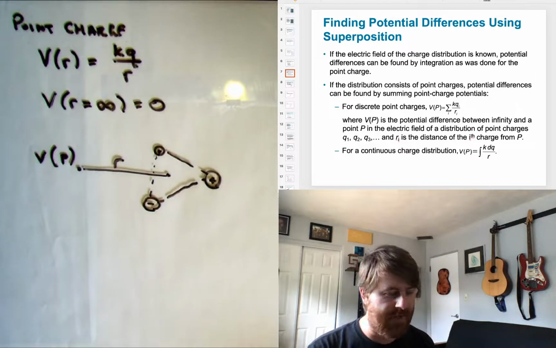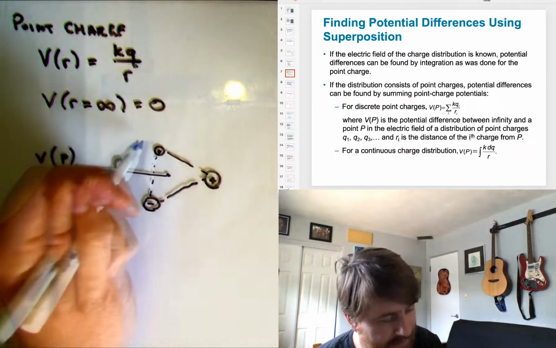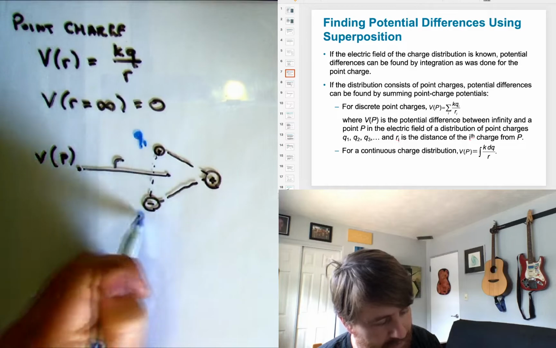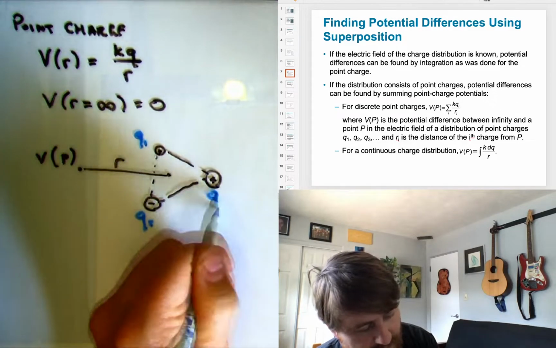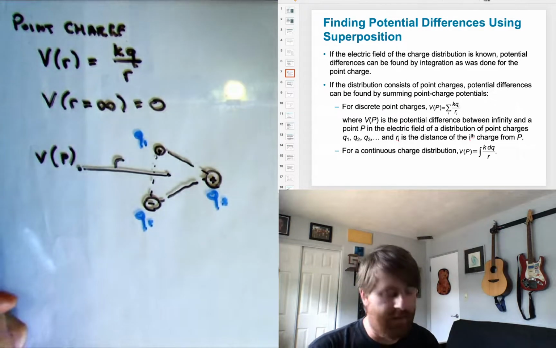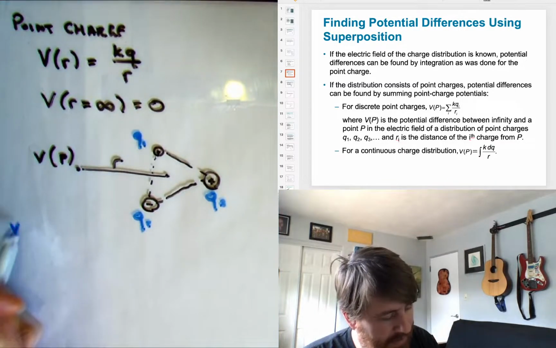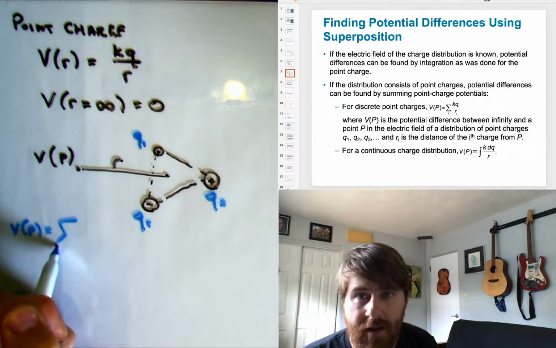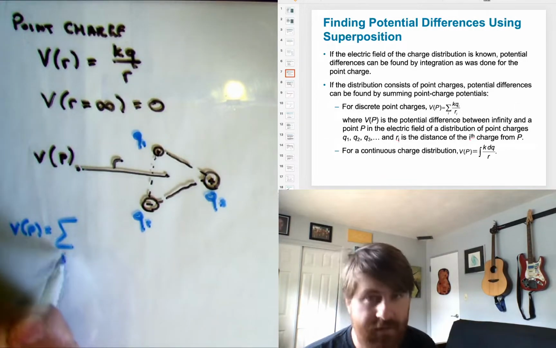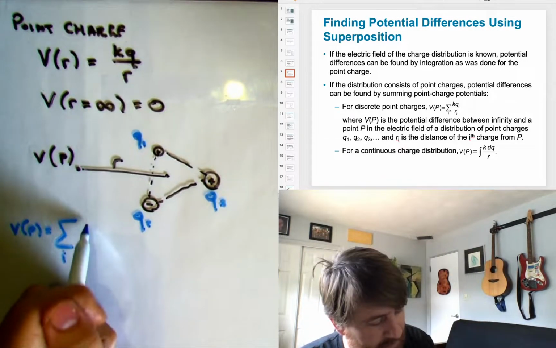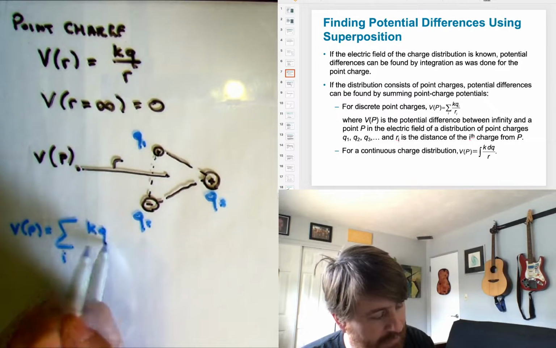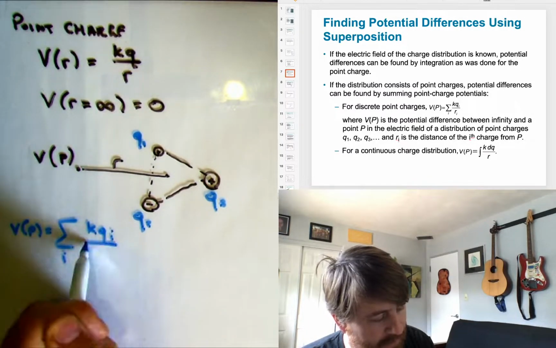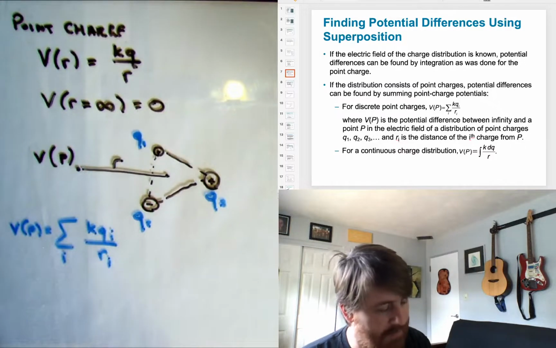So that means that if I have a sum of charges, q1, q2, and q3, that the potential at a point P should be the sum of the potentials due to each of these. So this will be k times q_i over r_i, and I'm going to sum over i.